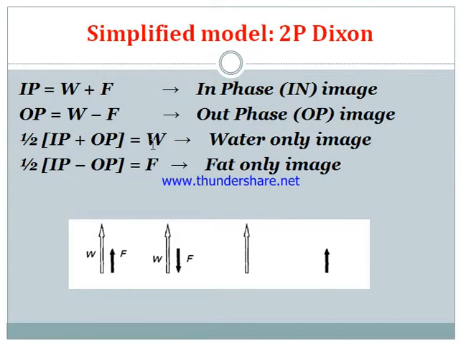The summation of these two gives water signal, and the subtraction of these two gives fat only image. This is a vector representation illustrating this idea. If we sum the vectors, we get water, and the subtraction gives fat.